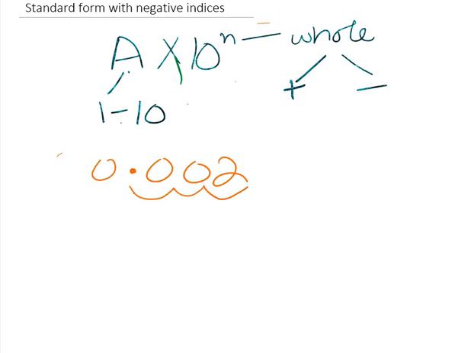You see that I moved my decimal point to 3 places, 2 times 10 raised to, and the n must be a negative value. When you move your decimal point from left to right, your n must be negative, and the value you put is exactly the number of times you moved your decimal point.